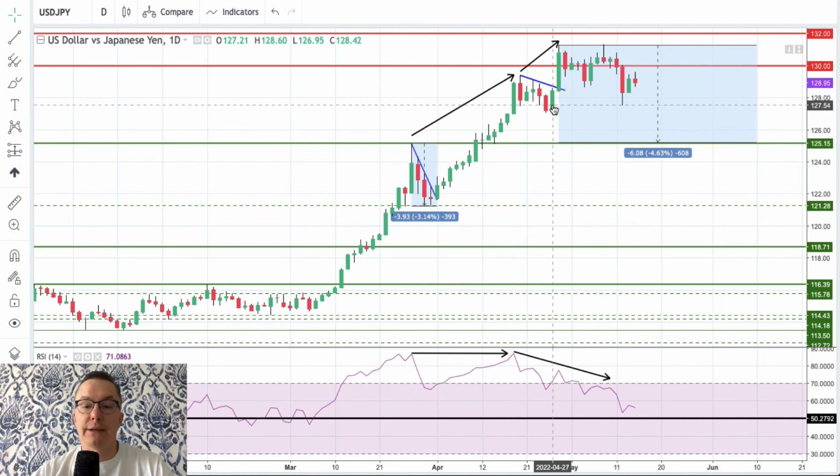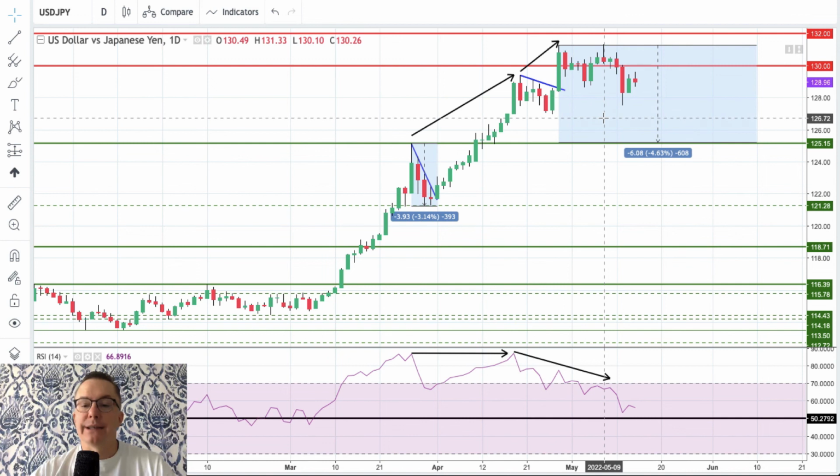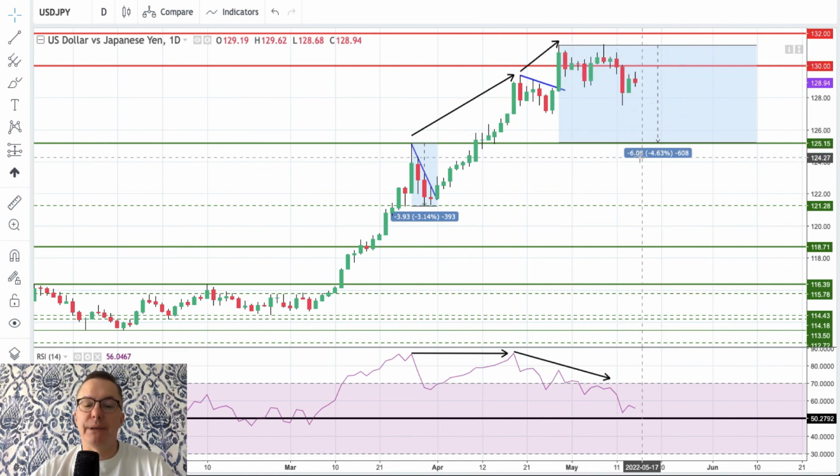Those lows were made at the level of 127.95, and then the next target is 127.15.